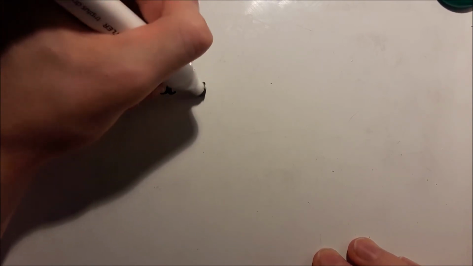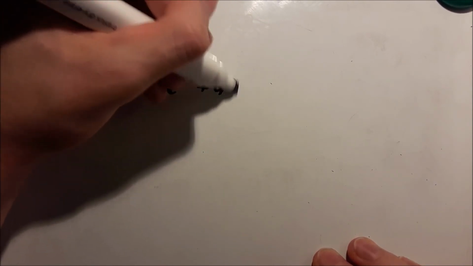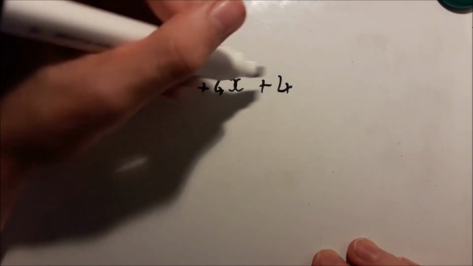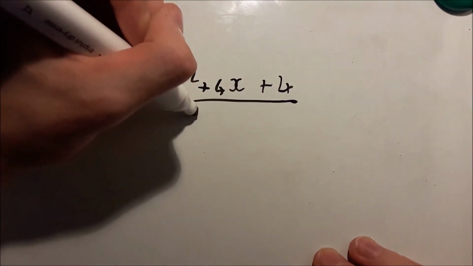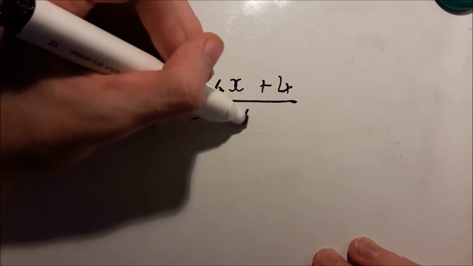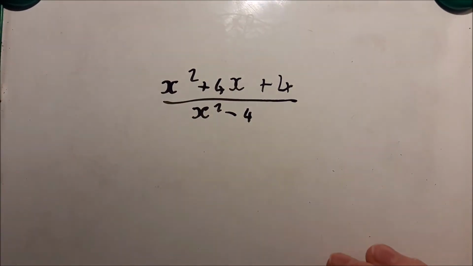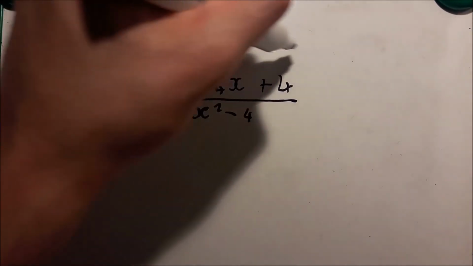Now we have another sum, which is x to the power of 2 plus 4x plus 4 over x to the power of 2 minus 4. Now we can look at factorizing here.